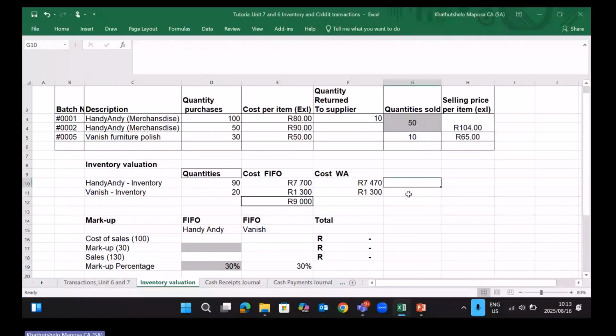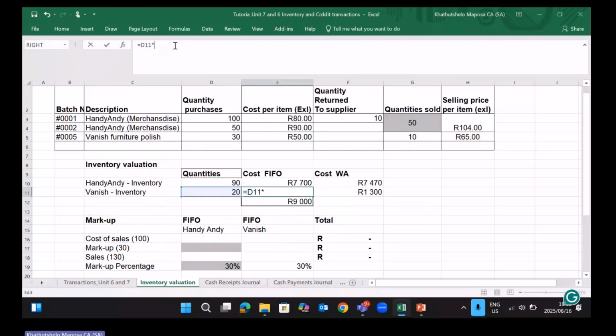Good morning, sir. Please clarify for me, when we were calculating Vanish, we used the selling price, but then when we were calculating for the Handy Andies, we used the original prices that we bought the Handy Andies for.